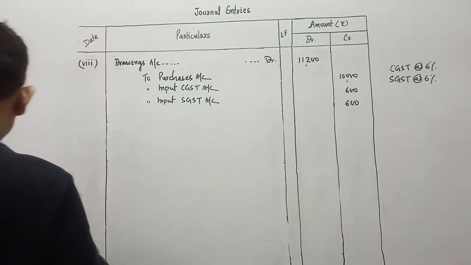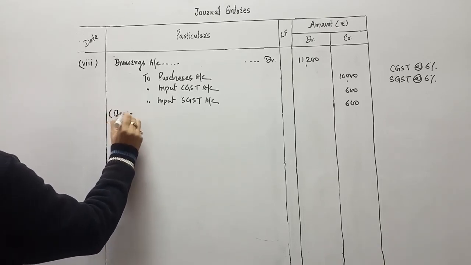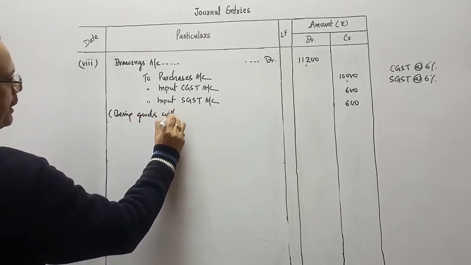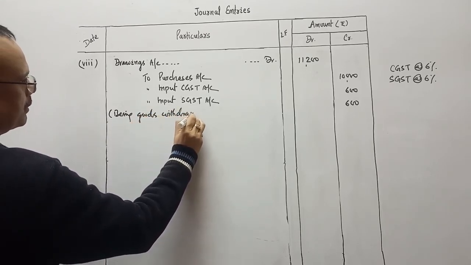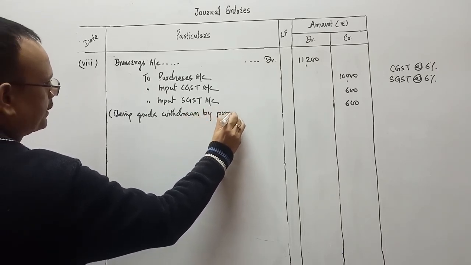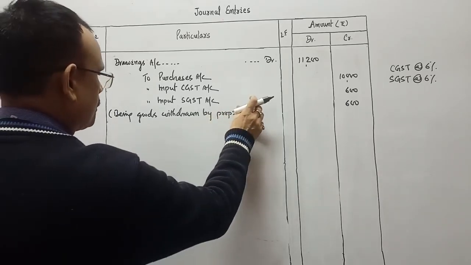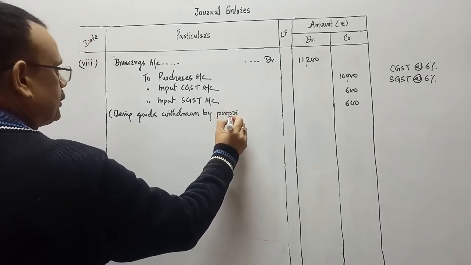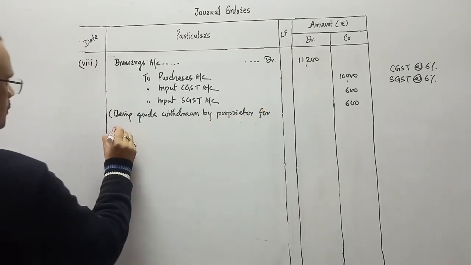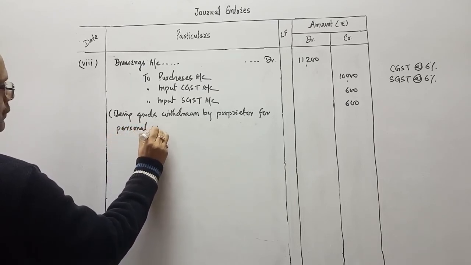So the narration will be being goods withdrawn by proprietor for personal use.